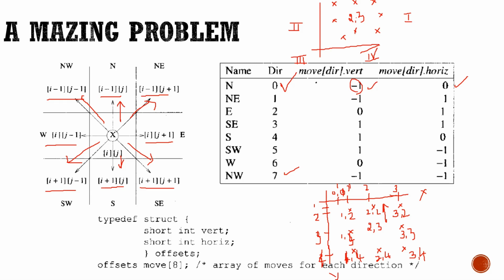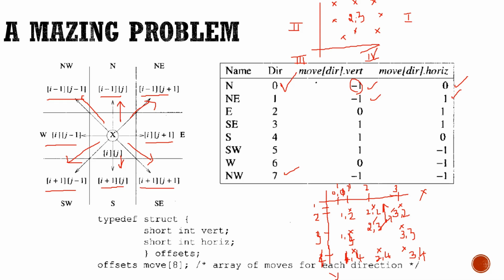The same thing we are doing for northeast. So this will be my northeast direction. What I am doing over here, the vertical is subtracted by 1, but the horizontal, 2 to 3, is incremented by 1. That is my northeast.